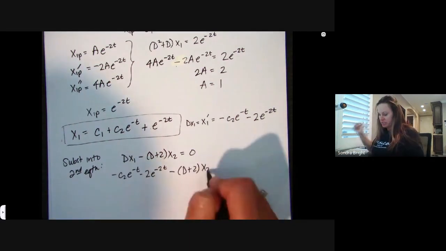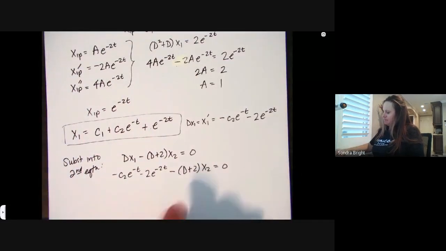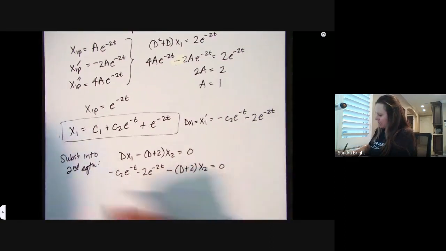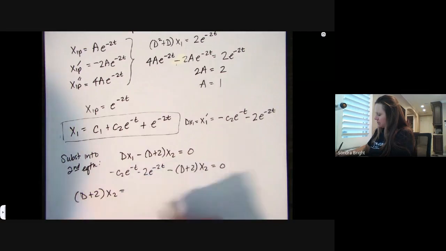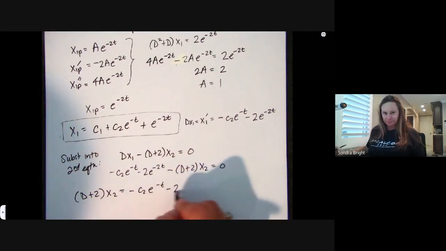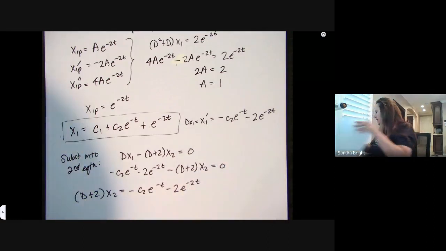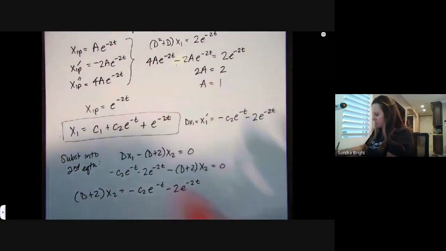So let's add this (D plus 2)x2 over here to the right-hand side. But of course, I'm going to write it on the left because that's what I do. So what I have now is (D plus 2) operating on x2 is equal to negative c2 e to the negative t minus 2e to the negative 2t. All right, and we know how to solve this. We're going to find the associated homogeneous first.